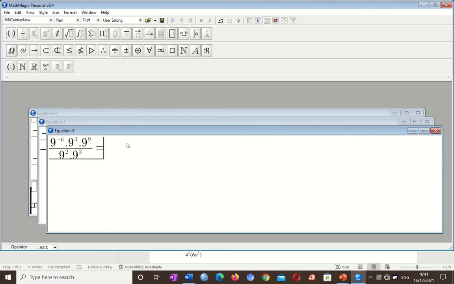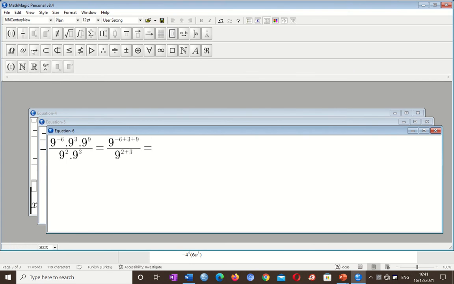Now, this means that I have the same base, okay? So I'm going to write here 9 to the power minus 6 plus 3 plus 9. And I have to write here 9 to the power 2 plus 3.